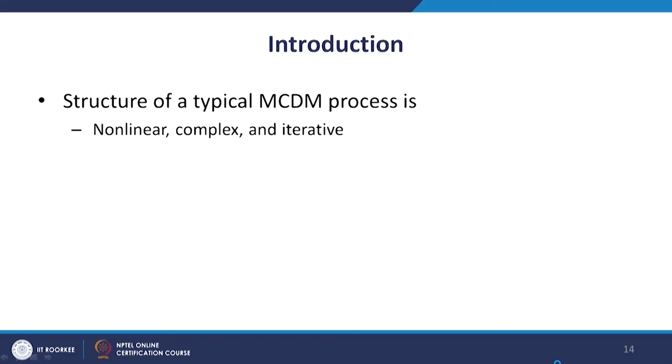Now, from whatever we have discussed about the main steps of the MCDM process and its sub steps, we can understand that the typical MCDM process is non-linear, complex and iterative, in the sense that decision making involves many parameters, and any path can be taken by the decision maker.